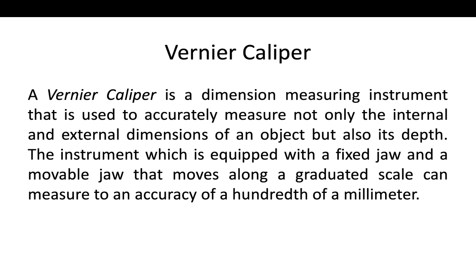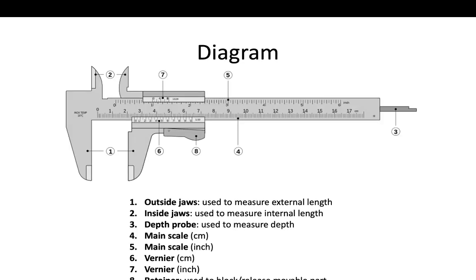In simple words, a Vernier caliper is a dimension measuring instrument. We mostly use this to measure small objects. This is the diagram for the Vernier caliper, and it has 8 main parts.